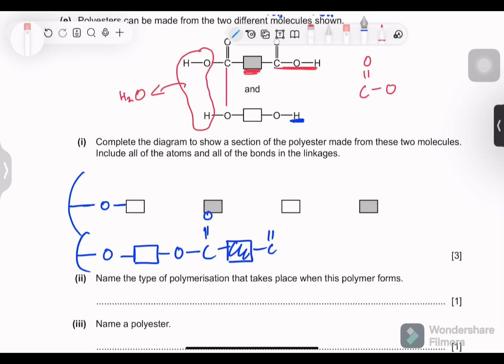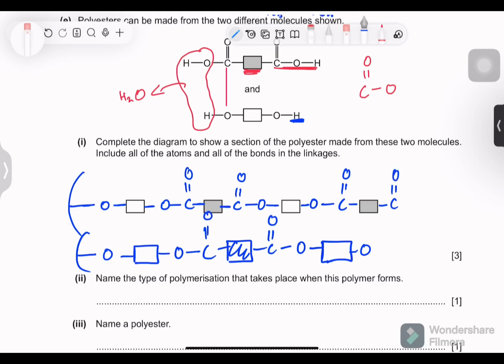Again the carbon, the double bond, the oxygen, the chain, the unshaded one, again the oxygen. So this is how it goes. Oxygen, carbon, double bond, again the chain, again the carbon, the oxygen. It just goes on and on, and it repeats. Just worry about the first unit and then copy your first unit over to the other side.